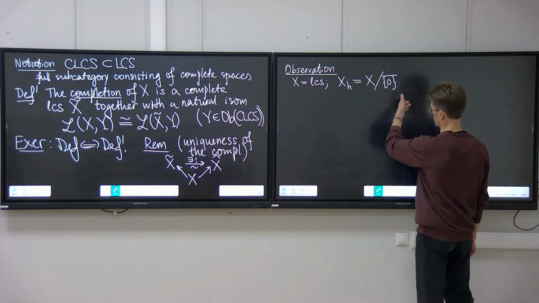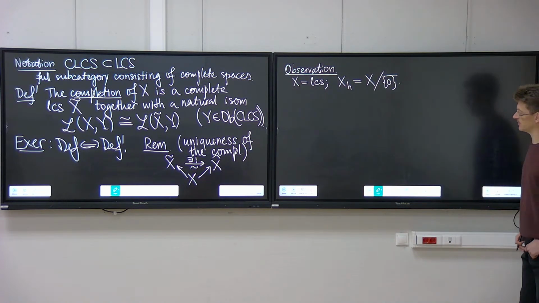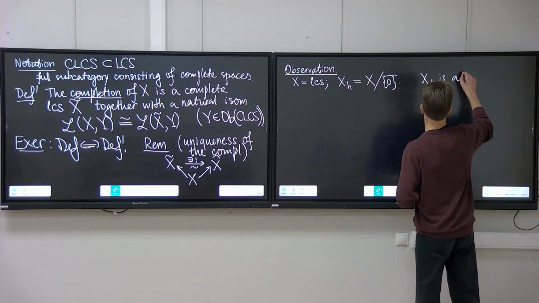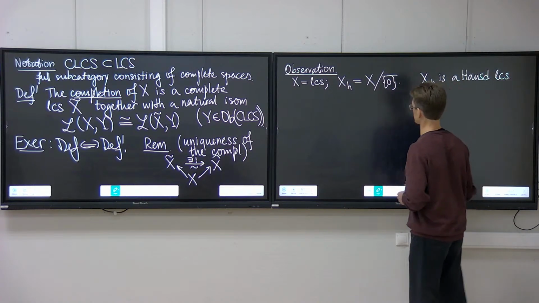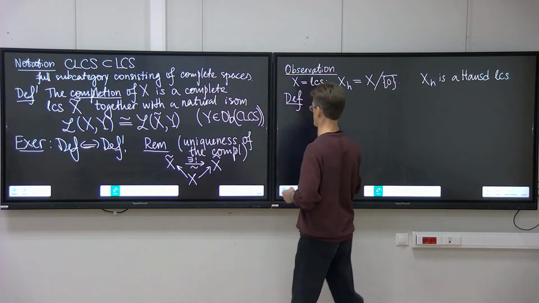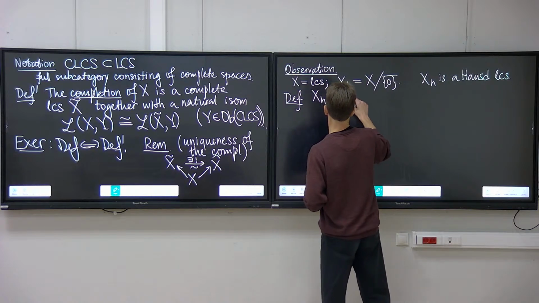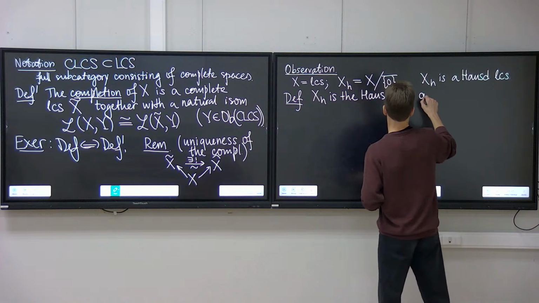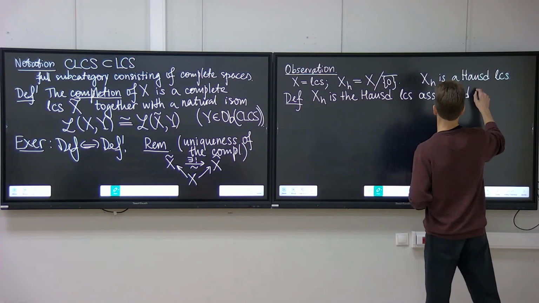So we quotient out the closed vector subspace, the closure of 0, and we get a Hausdorff locally convex space. X_H is a Hausdorff locally convex space, and X_H is called the Hausdorff locally convex space associated to X.